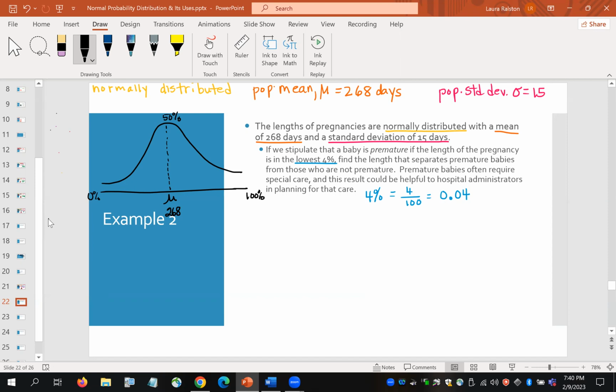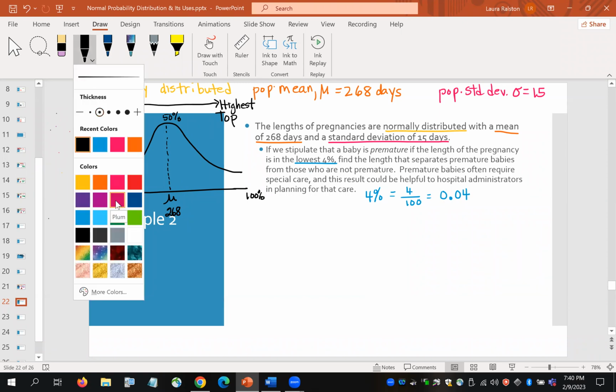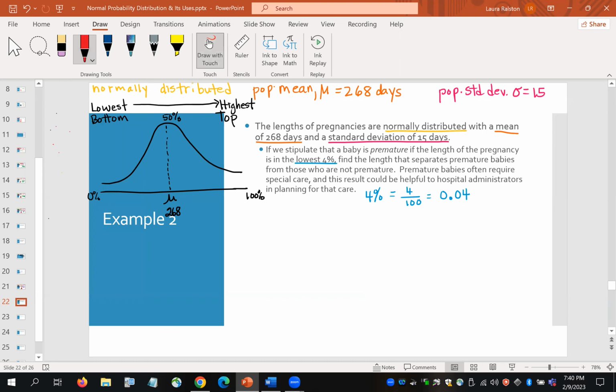The other thing you may want to think about is this goes from low or lowest to highest. It might be bottom to top. The adjective there is important. It says in the lowest 4%. So lowest is going to be here on the left.